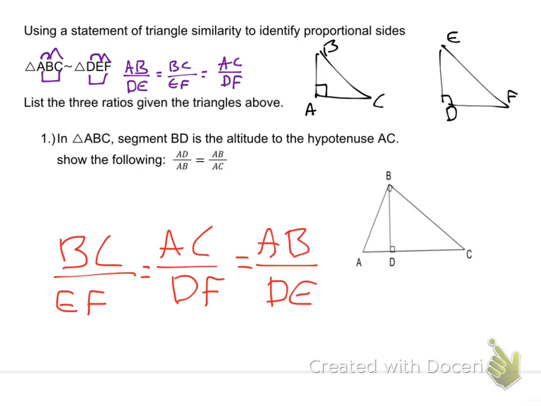Now, it's not the exact same order, is it? But they are all still equal. AC over DF is in the middle here. There it is. BC over EF, boom. And AB over DE is there. Isn't that cool?